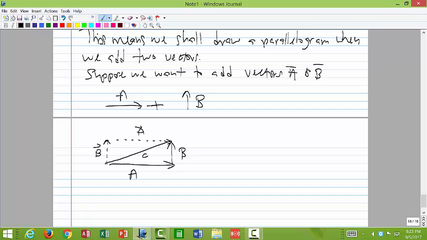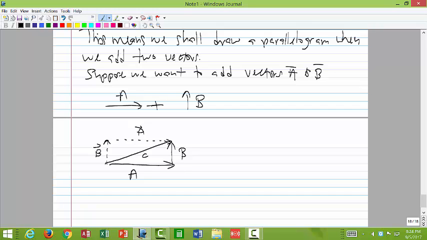This is a lot like the tail to tip method without drawing a parallelogram. In the tail to tip method, when I had two vectors A and B, I just do the diagonal. In the parallelogram method, I'm drawing a parallelogram by doing that. When I get this parallelogram, then I take the diagonal of it. So they are basically the same. It's just that one is an extra step.